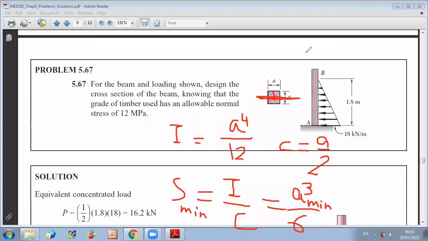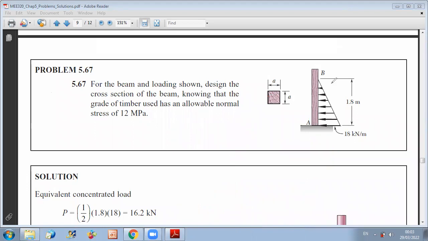Now, here, what do we have? We have a fixity at A. And we want to draw the bending moment diagram to know where the maximum bending moment is. Here, if you want, you can know by a small analysis where the maximum bending moment will be. Let us do it together. First, in this part, you don't have a bending moment because if you do a cut here, you don't have anything.